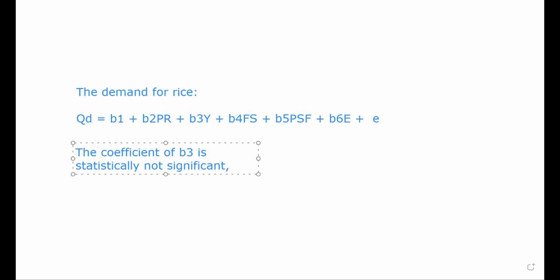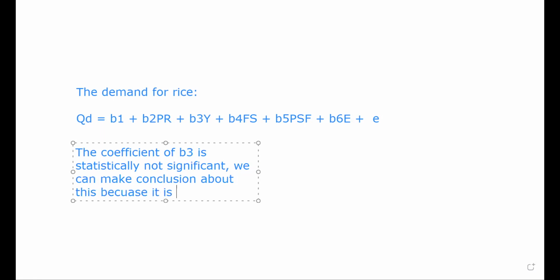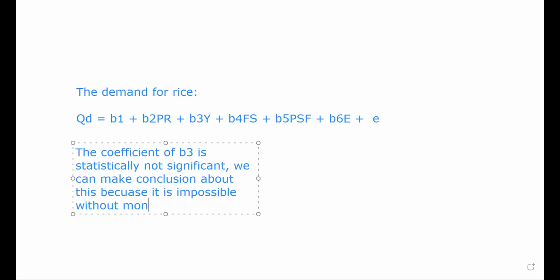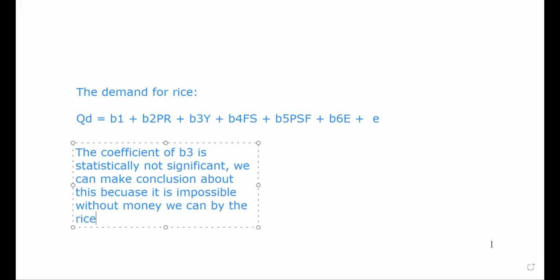So we cannot make conclusions from this, because it is impossible to buy rice without money. Theoretically, income is a very important variable in demand functions.